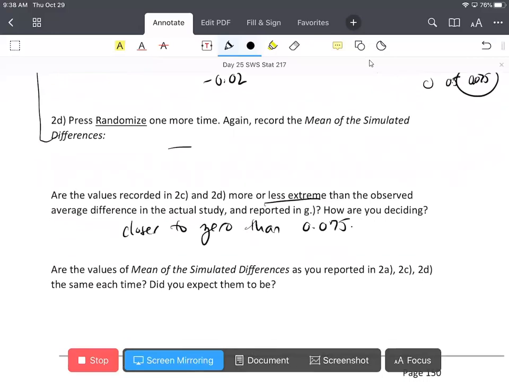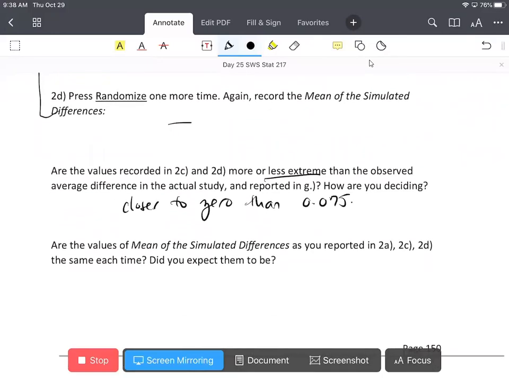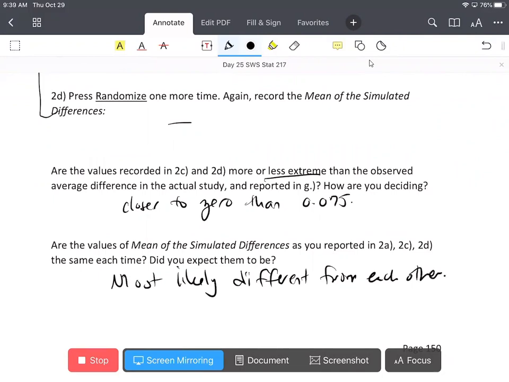All right, so let's go back now. Are the values as you reported the same each time? Remember we said, no, are they going to be the same as I was clicking before? They're not the same. They're most likely different than each other. Because remember, I'm flipping a coin and deciding, so each rep is flipping the coin 22 times, once for each runner, and deciding whether to swap their scores.